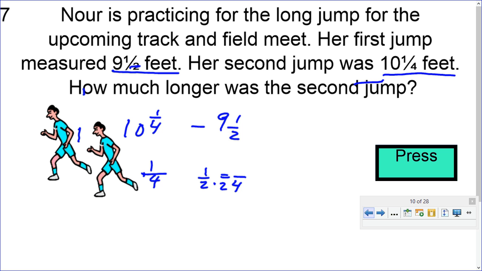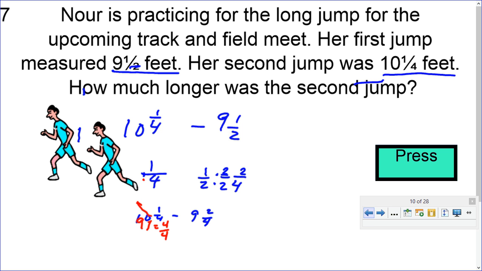So if I multiply this by 2 and this by 2, I would get 2/4. So I have 10 1/4 minus 9 2/4. But I got to borrow 1 from the 10. So I'll borrow 1 from this 10 and make it 9. And my 1 I could write as 4/4.